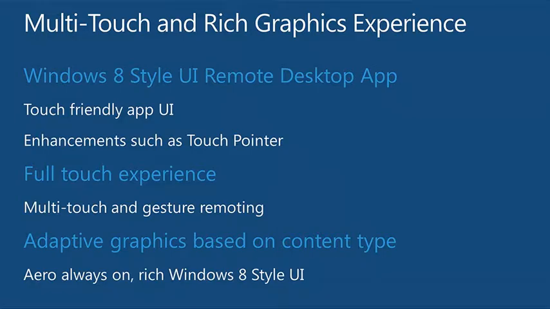Now, I mentioned that the whole experience is a touch-friendly one, which means we actually support full touch as well as gestures remotely between the client and the remote endpoint. And one of the things in Windows 8 is that the Windows 8 style UI is created to be fast, fluid, and multimedia content rich. So that means that we need to enable that experience remotely over a variety of network connectivity situations.